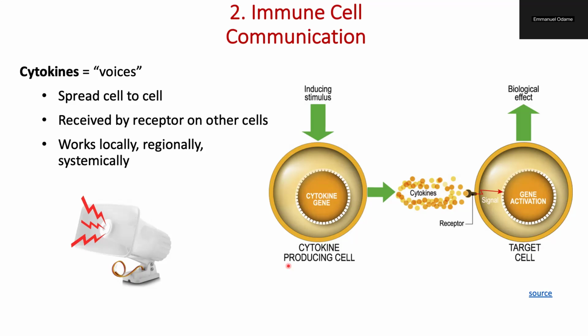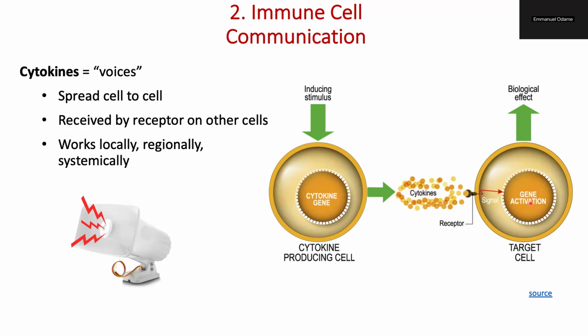These are basically secreted proteins from a cell, and these proteins are secreted and moved throughout the whole body. And there's also a target cell which has the cytokine receptors. The cytokines bind to the receptor, signaling the other cell whatever communication the first one is communicating to it. So that's basically how it works. It's just like this cell voicing out whatever you want to say through cytokines to the other cell.